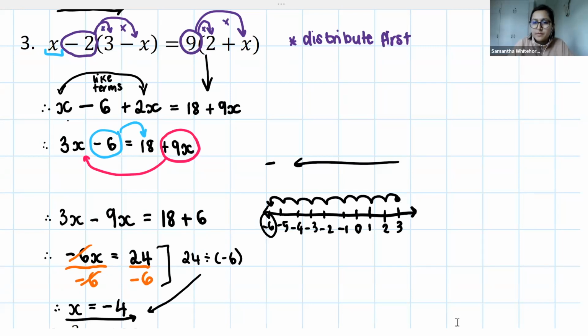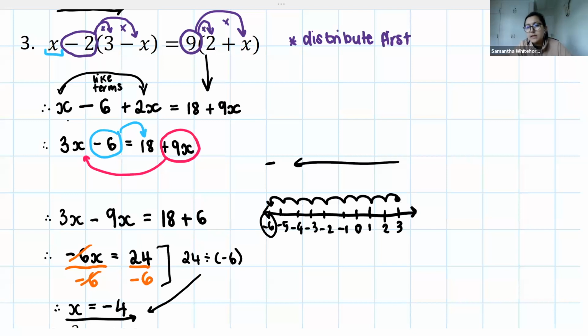Lyndall? Can I ask, ma'am, do you always ignore the one on our left-hand side, the negative 6x, or divided by negative 6? What do you mean ignore? I haven't ignored anything. We only look at the 24 divided by negative 6 and then put the answer below as x.